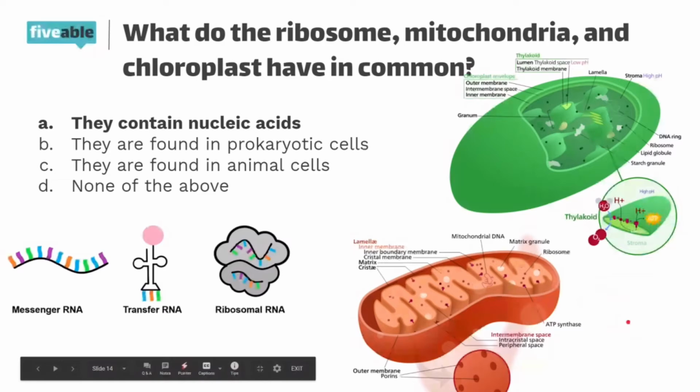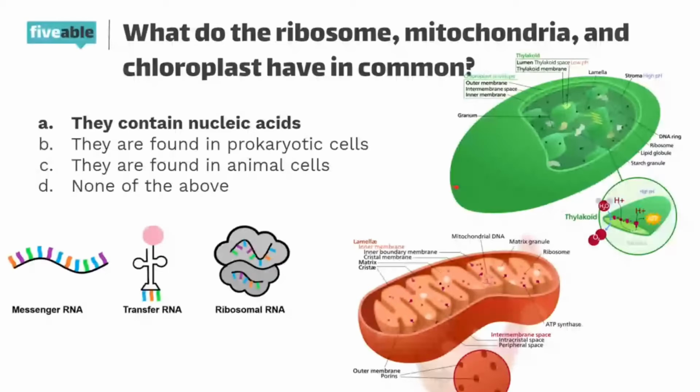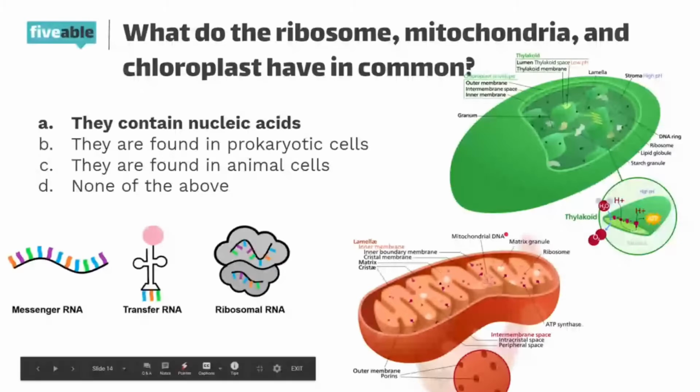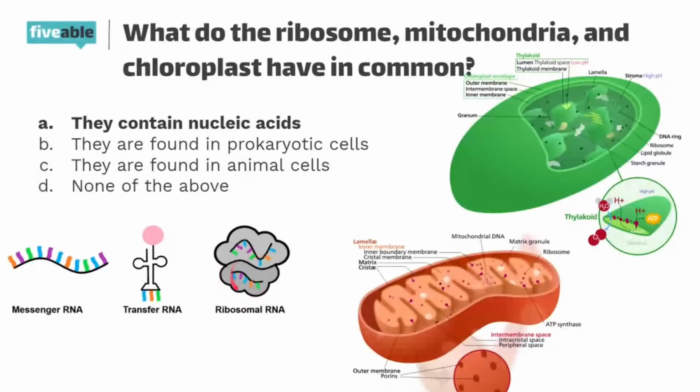Or if you didn't, you might have done a virtual version of the lab. Either way, this is evidence that mitochondria and chloroplasts seem very bacteria-like, right? The same size, they have DNA, they self-replicate, a lot of interesting commonalities that lead us to thinking about the endosymbiotic theory. Also, ribosomes contain RNA.